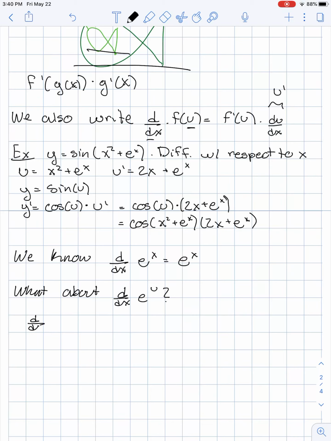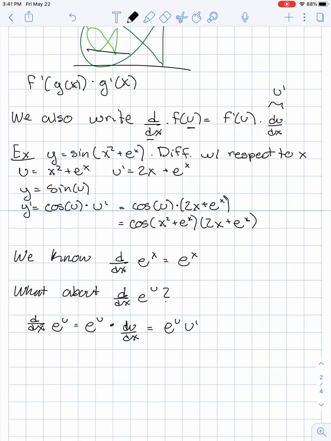Well, if we use this notation up here, e to the u is going to stay, because the derivative of e to the something is e to the something times du dx, times the derivative of the inside.